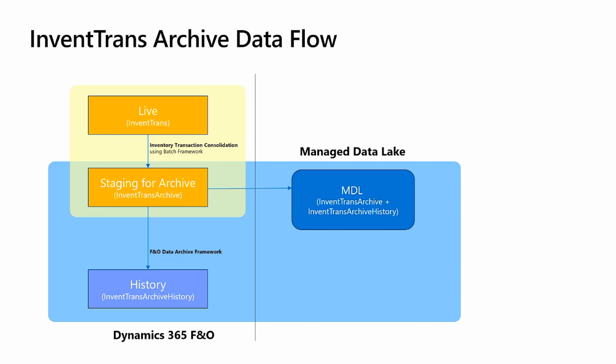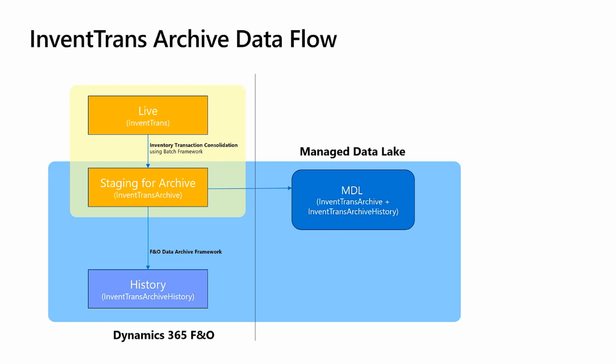It posts one summarized entry into InventTrans and moves all those detailed transactions to InventTrans archive. That way you are still able to do your weighted average or running average cost, and you can drill through to the archive if you want.